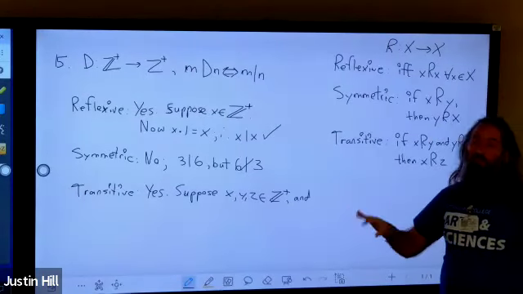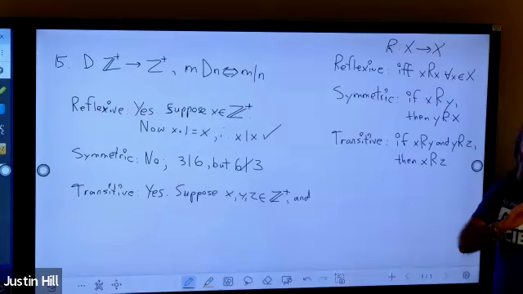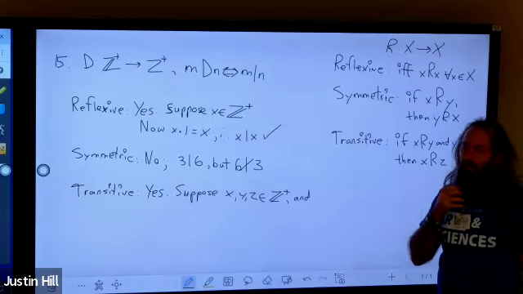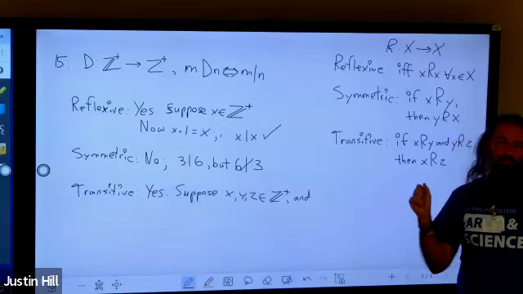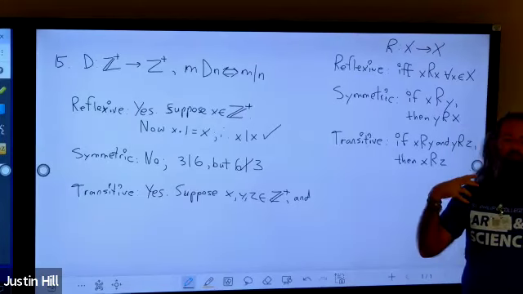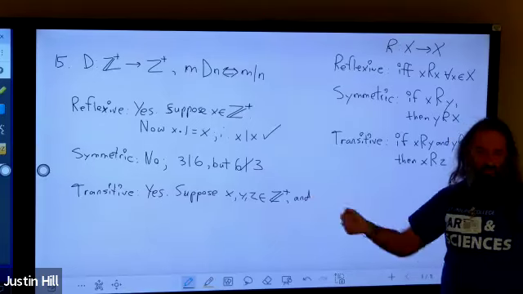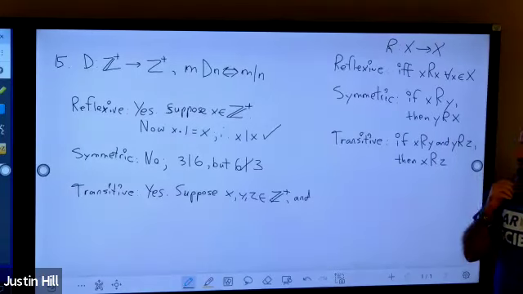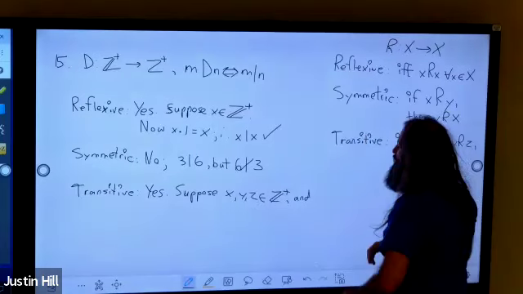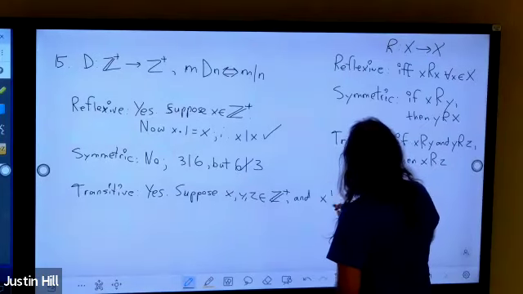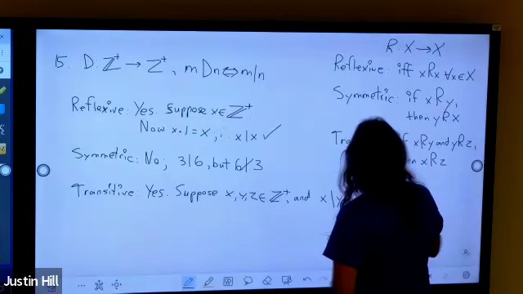It's very intentional. It's not that you have to be a copycat, but I'm very intentional about writing it out in the same structure because I want you guys to catch the pattern of these proofs for these different properties and what you need for them. So suppose x, y, and z are positive integers and x divides y and y divides z.